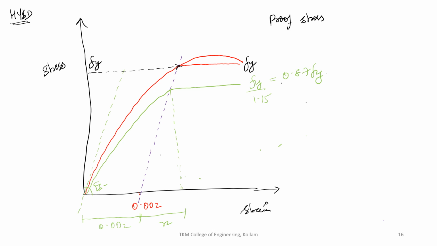Taking similar triangles, x is equal to 0.87 Fy divided by Es, the strain corresponding to that value.